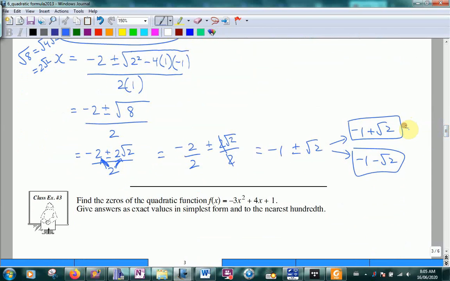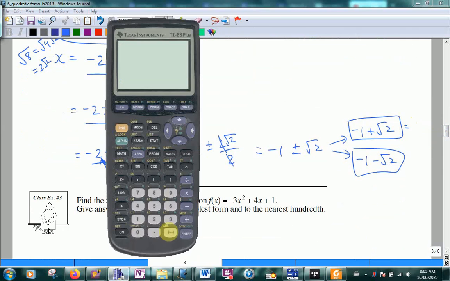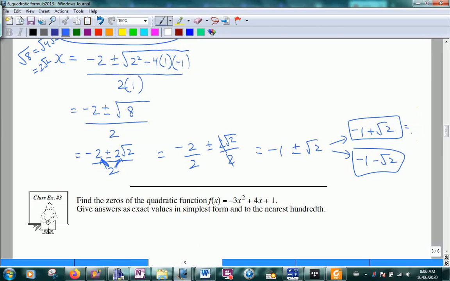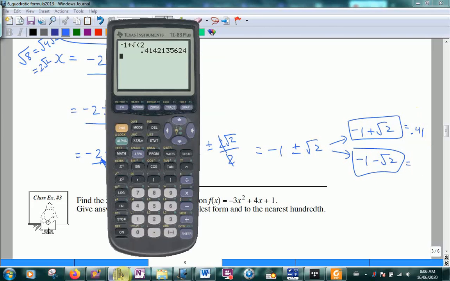So let's see what this actually looks like as a decimal. Negative 1 plus root 2. There's one of the roots, 0.41. Of course, you can't factor that. That would be impossible, or next to impossible. And negative 1 minus root 2 is negative 2.41.